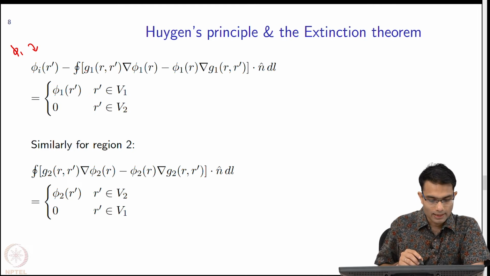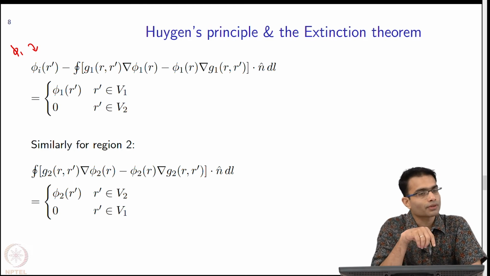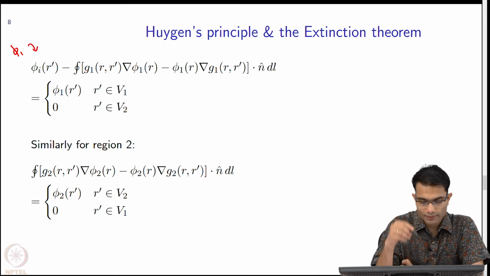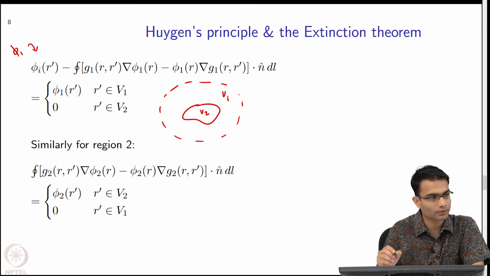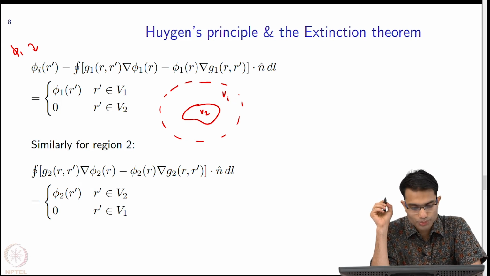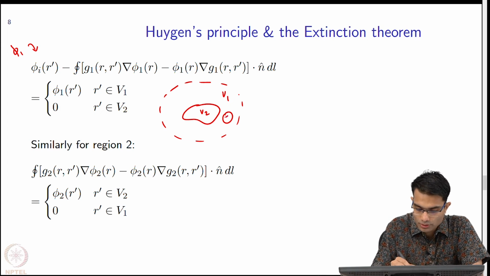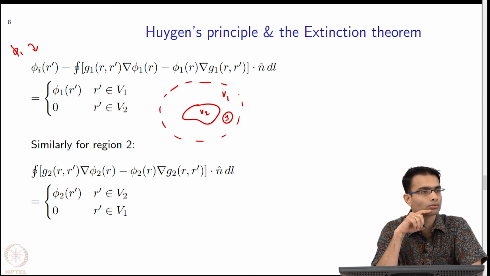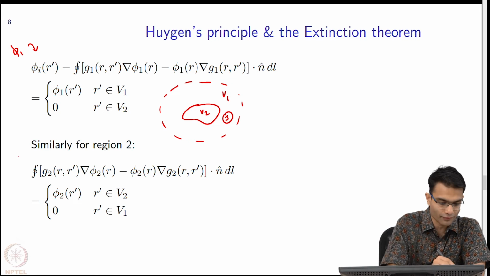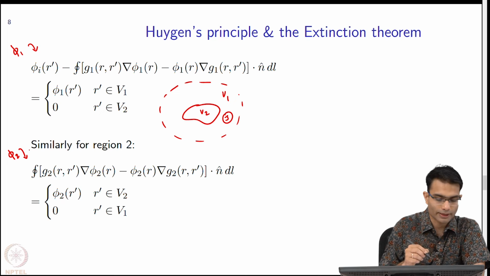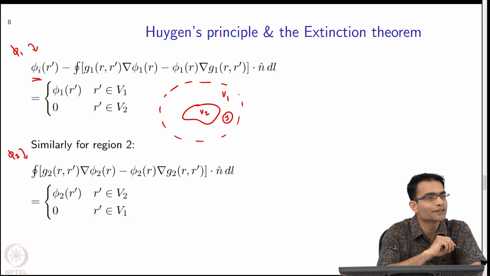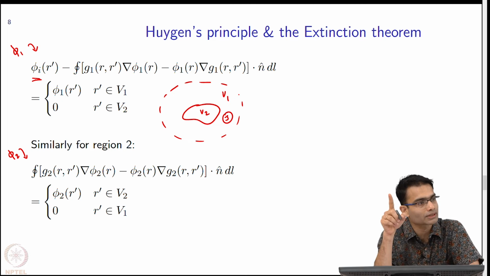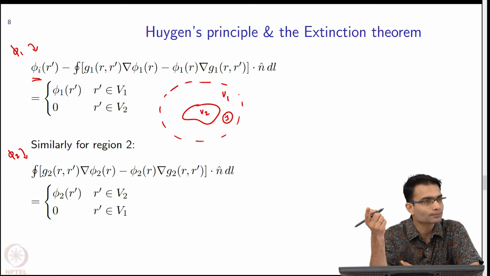I can repeat the same process for volume 2. In case you forgot, this was my V2 and this is my V1. In volume 2, was there any current source? No. So how will this equation be different for phi 2? It will be identical, except that there is no incident field term. That incident field term came as the integral of the current, but there is no current in volume 2.